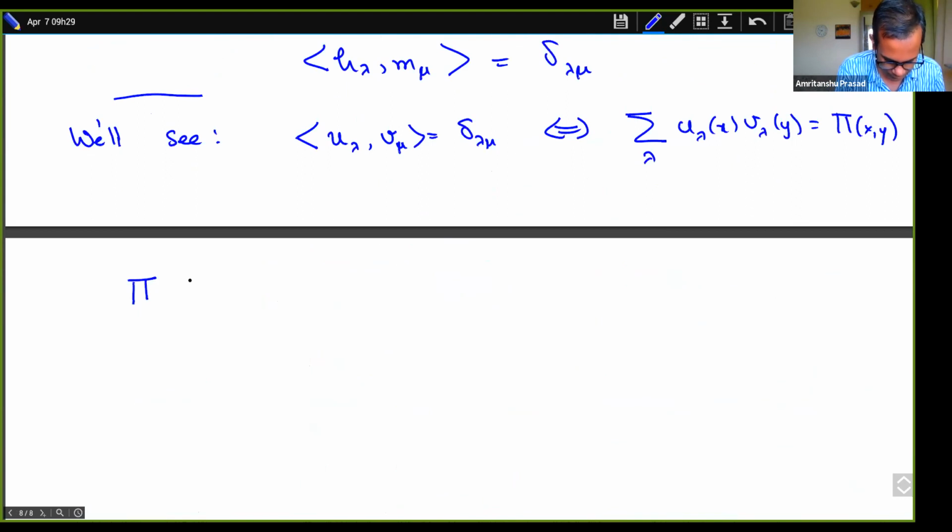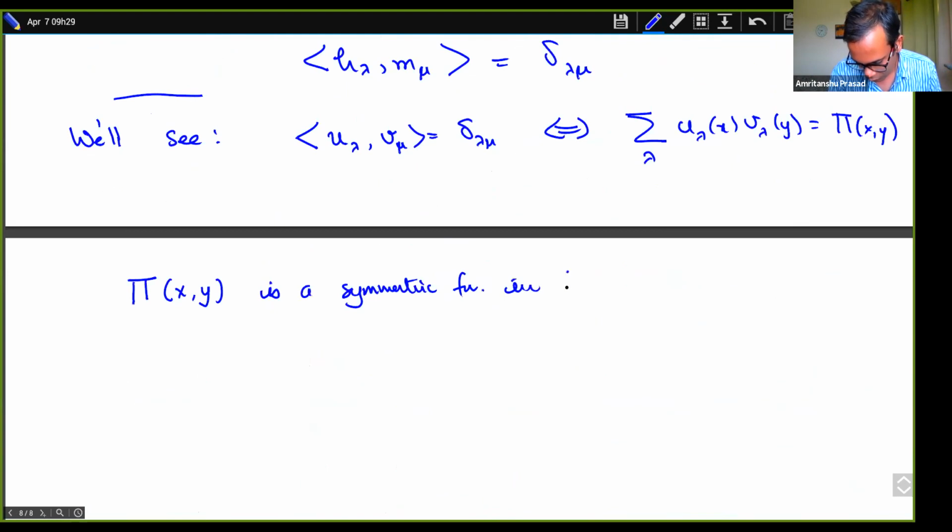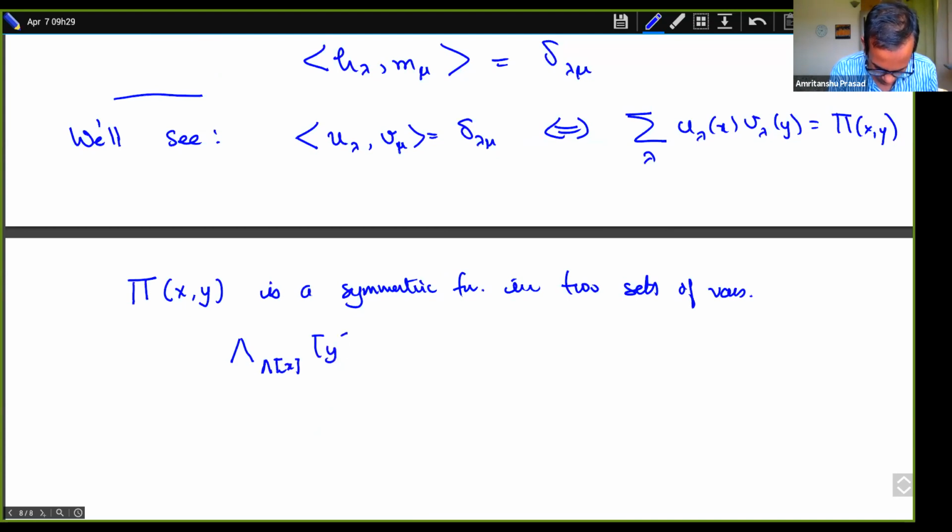So pi of x, y is a symmetric function in two sets of variables. In some sense, you can think of it as symmetric functions in the variable x, and then you take symmetric functions in the variable y with coefficients in symmetric functions in the variable x.